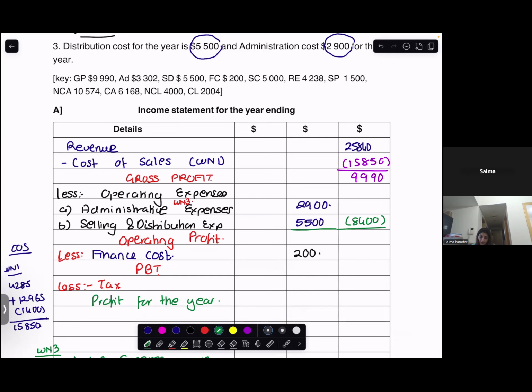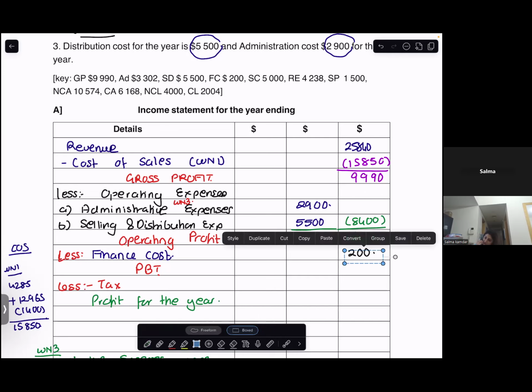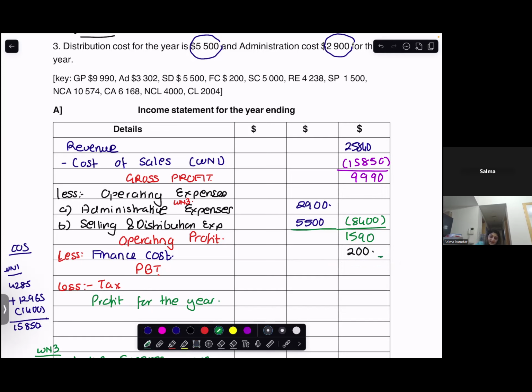Okay, it's correct. So 9090 minus 8400, I get 1590 as my operating profit. Finance cost 200. So my profit before taxes is 1390. Minus tax is 0. So my profit for the year is 1390.